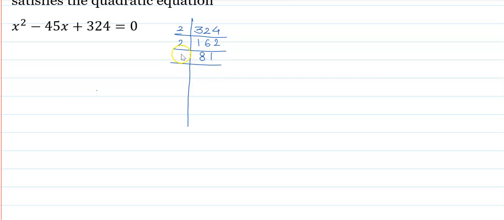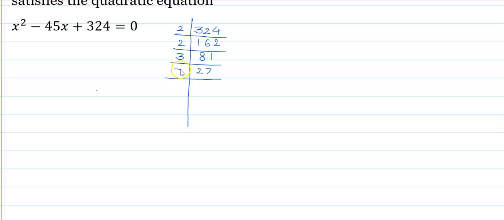Next, we cannot divide by 2 now. The number is 3. 3 twos are 6, 2 is remaining, and therefore it is 21, and 3 sevens are 21.